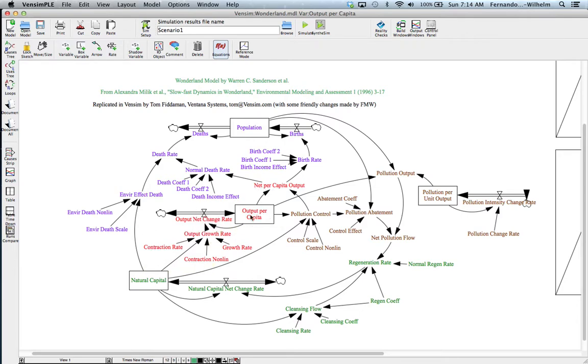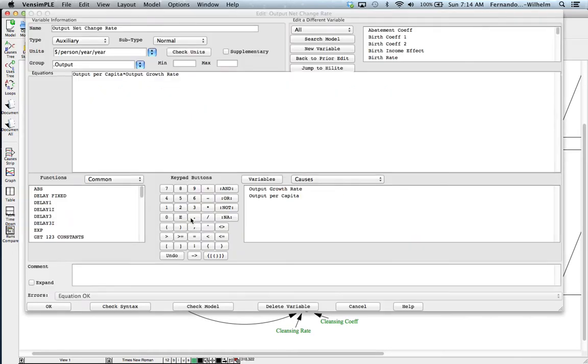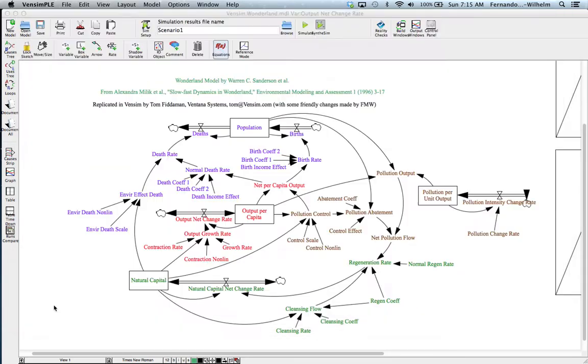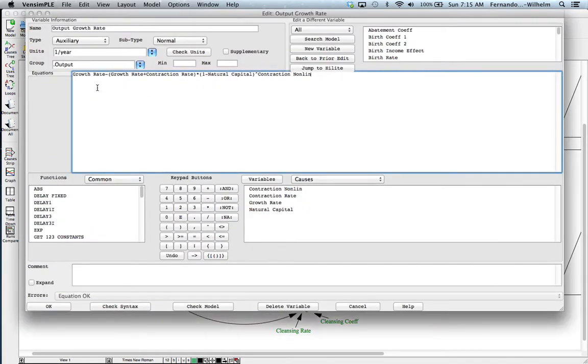Okay, so this is the sort of economic model in the system, and then you have the output rate, which is the product of the output per capita, which is y, times the output growth rate. If you look at the output growth rate, then you get the equation that's in the paper. It's a growth rate minus a growth rate plus.